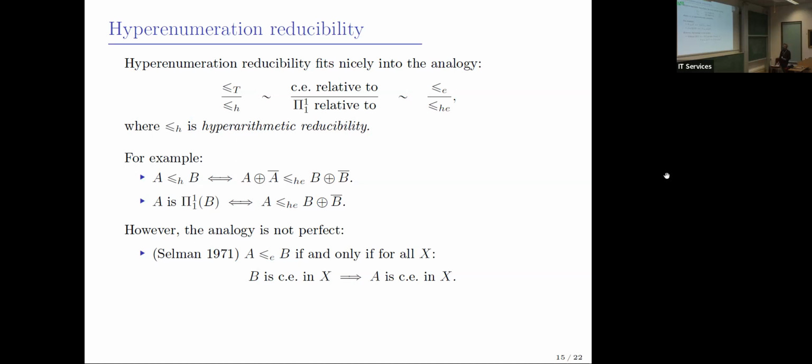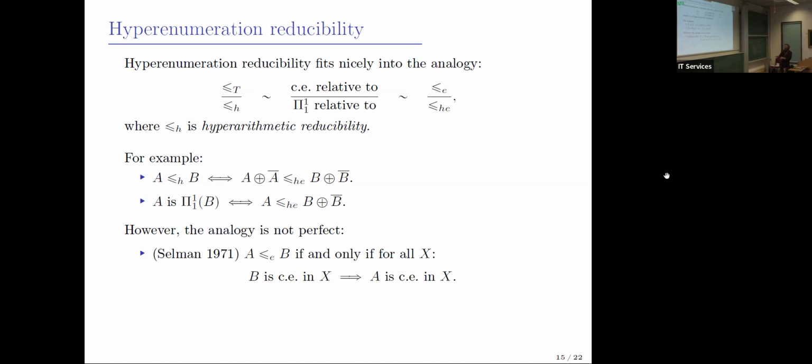This is a really beautiful result. It does a few things for us. One of them is it defines enumeration reducibility entirely in terms of being CE relative to Turing degrees. Another way of thinking about that is it says that an enumeration degree is determined by which total degrees are above it.